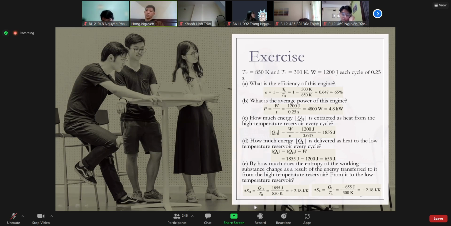Then we should have a change in the entropy for the whole process equal to 0. But for the entropy change at the hot reservoir and at the cold reservoir, we should have this one. Good.